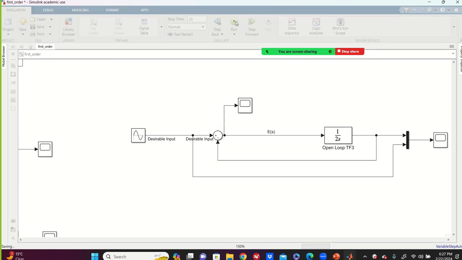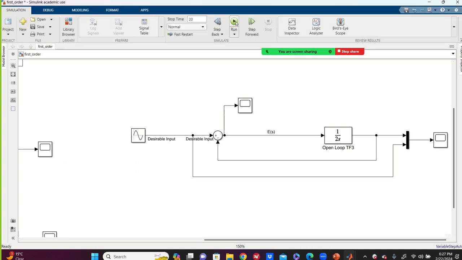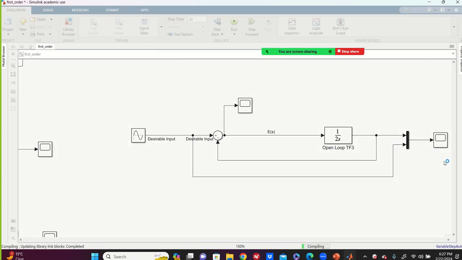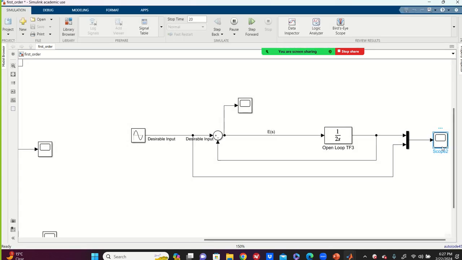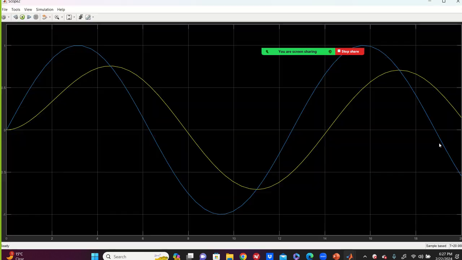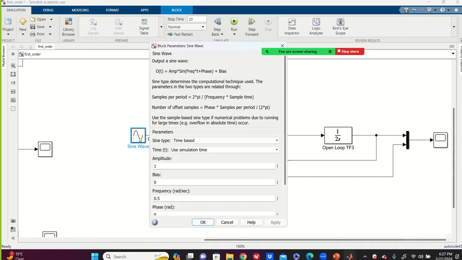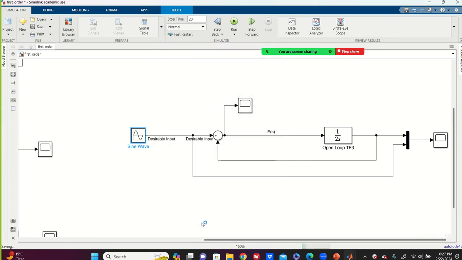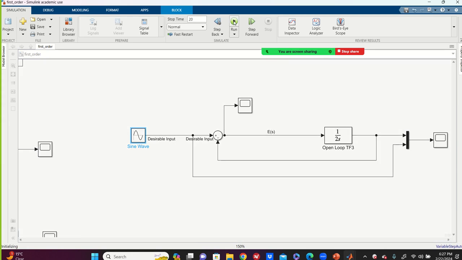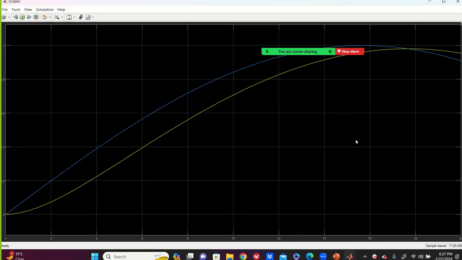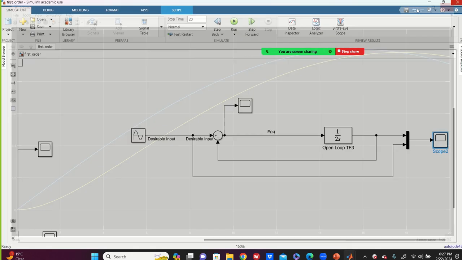I'm going to examine the frequency first. Oh, this is high for this. Let me put the frequency around 0.05 or 0.1. Good.